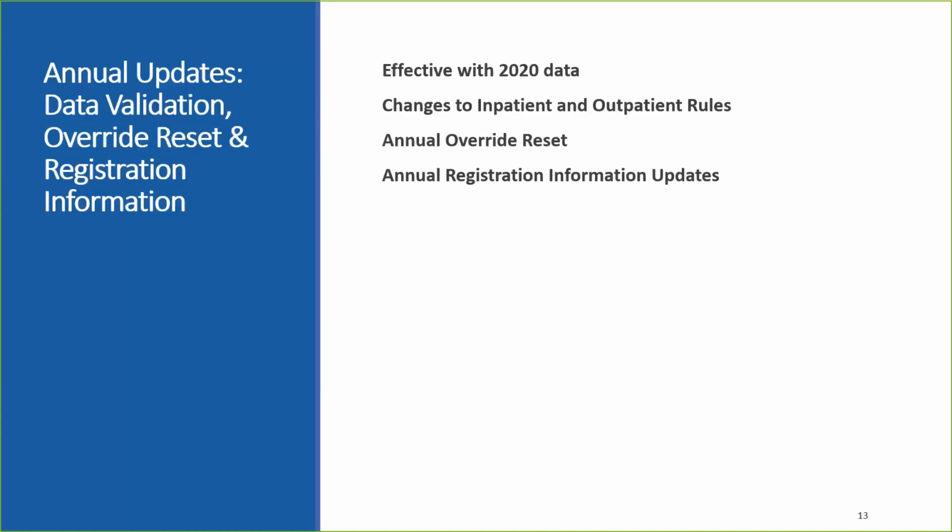So with those 2020 updates, we're going to be, of course, implementing the changes to the layout as well as any inpatient and outpatient validation rules that may be affected by those changes. And we'll also be doing our annual override resets and asking you to perform an annual registration information update.